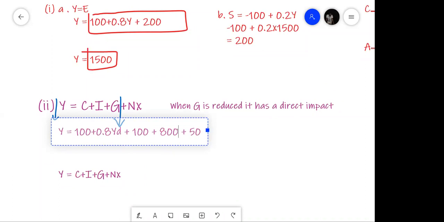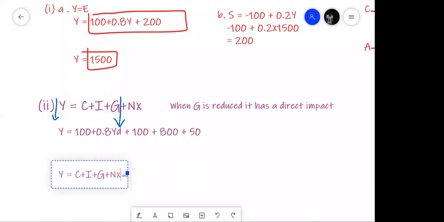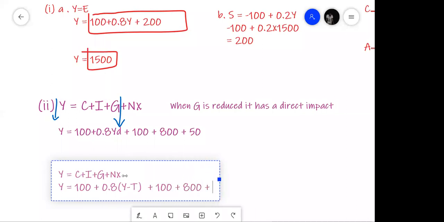So when you reduce this by 500, your Y is directly impacted. But in this case, when you reduce, I'll put the same numbers here, 100 plus 0.8. So guys, the taxes do not come in anywhere else, the taxes come in consumption, right? So it's Y minus T here, right? Plus 100 plus, let's say, 800 plus 50.